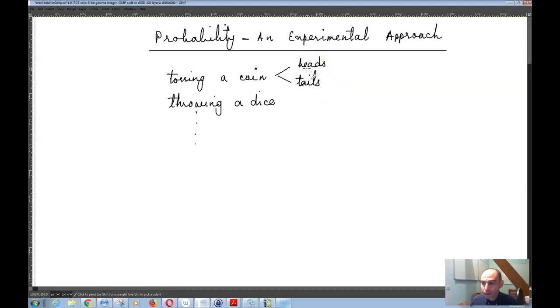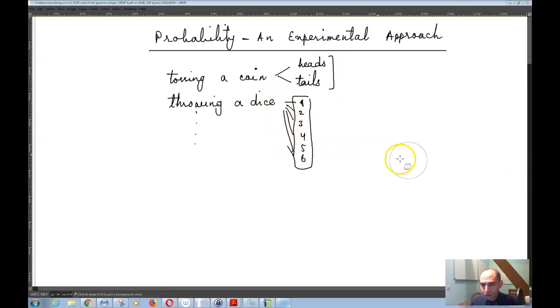But when you throw a dice, you could get either a 1, or a 2, or a 3, or a 4, or a 5, or a 6. So you have these 6 possible outcomes when you throw a dice, and when you toss a coin, you have only these two possible outcomes.